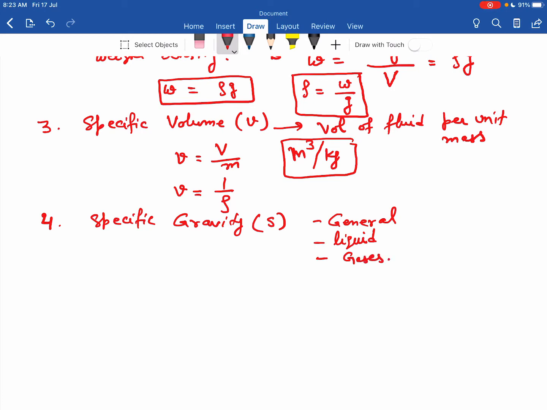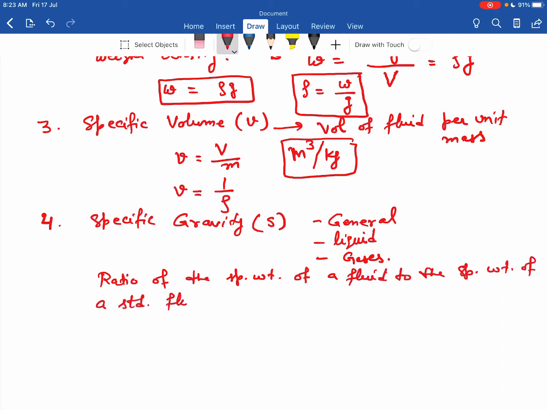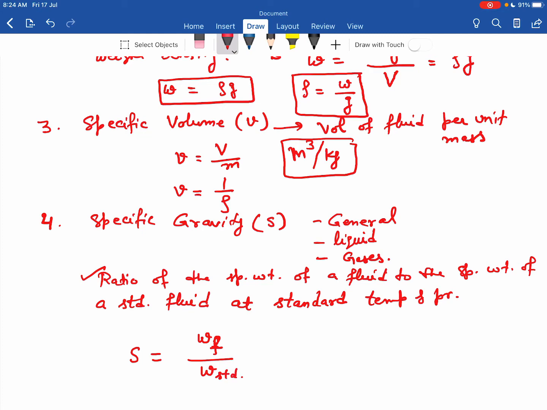Now the general definition for specific gravity is, it is the ratio of the specific weight of a fluid to the specific weight of a standard fluid at standard temperature and pressure. So you can write S is equal to specific weight of fluid divided by specific weight of standard fluid at standard conditions.